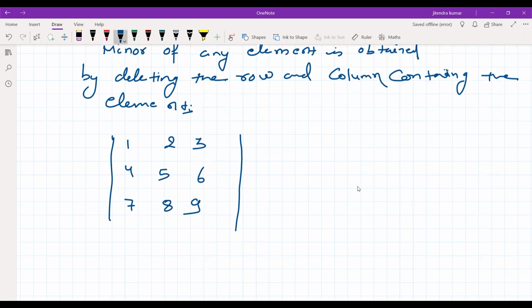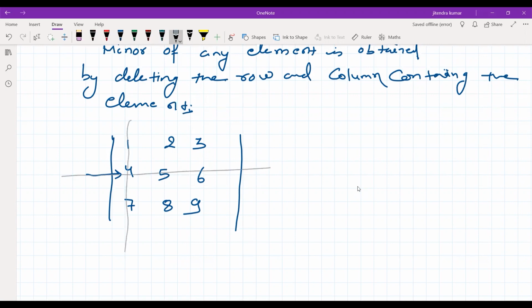So if there are 9 elements here, each element will have one minor. They have their own minor for each element. So how do we obtain the minor of, suppose, element 4? As it is written here, we are going to delete the row and column, meaning remove this row and this column.